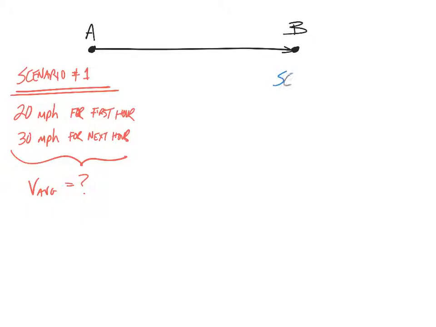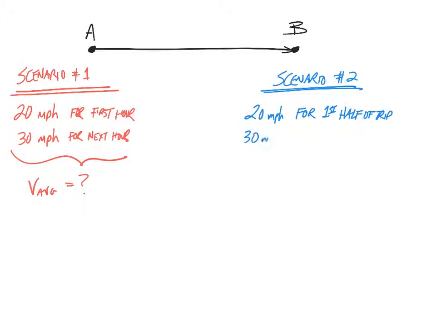Scenario two is 20 miles per hour for the first half of the trip, 30 miles per hour for the second half of the trip.